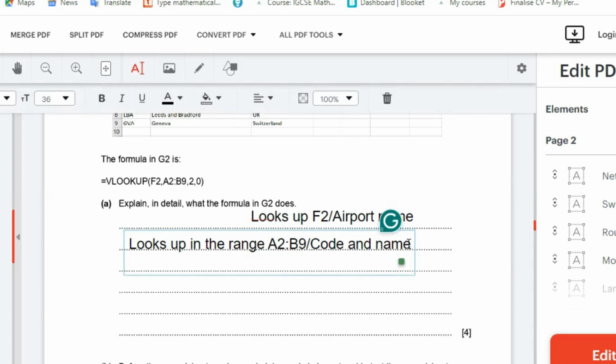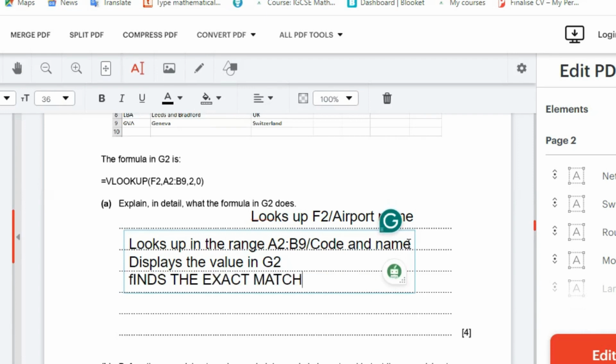It displays the value in G2, and finds the exact match. Do we understand?